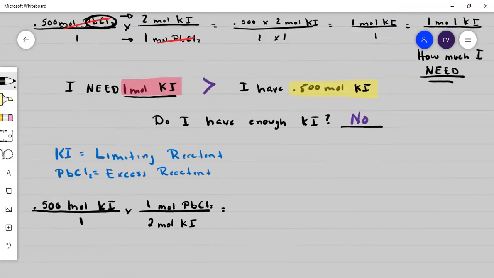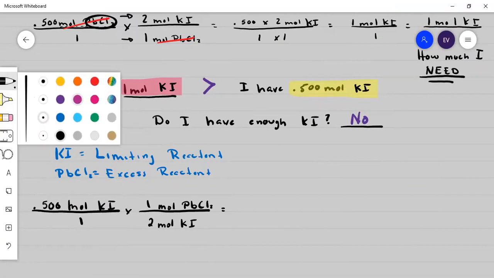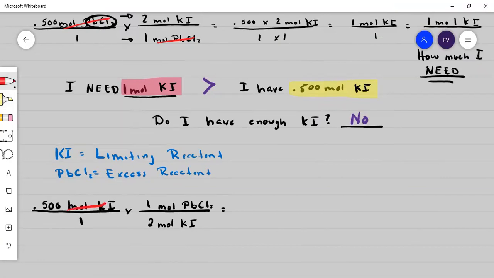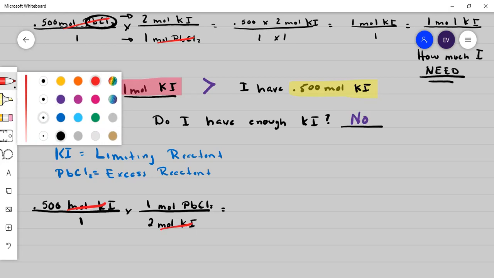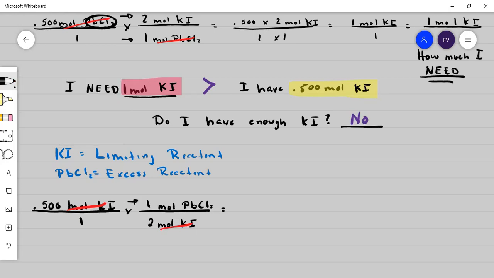In this case, the moles of potassium iodide cancel out. Multiply everything straight across the top, multiply everything straight across the bottom, and you end up with 0.5 moles of lead 2 chloride divided by 2.